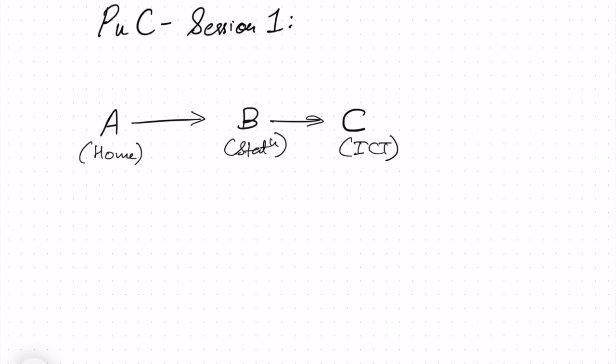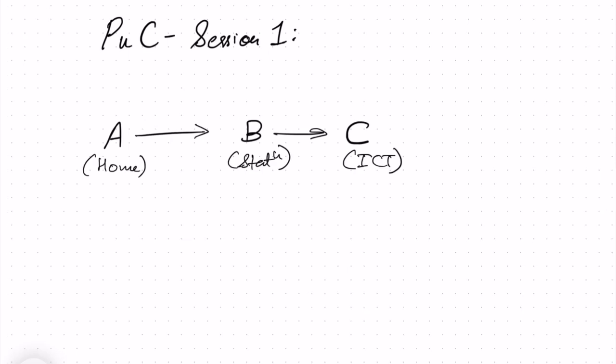Now you want to know how many routes exist of going from your home to ICT, and all of these routes are such that you first go to the station and then you go to your college. So let's say that going from A to B, there are three possible routes.